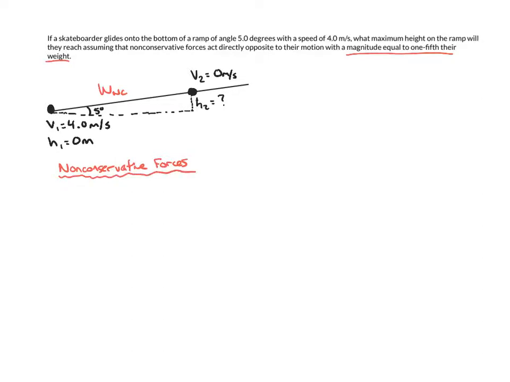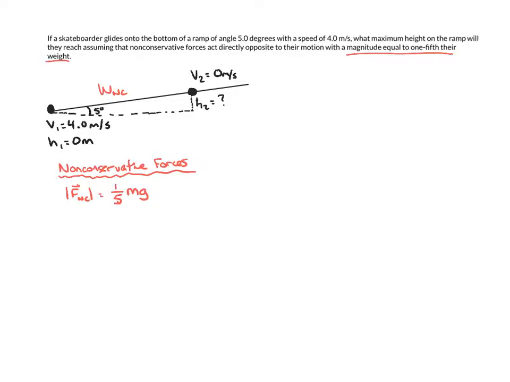Okay, so the non-conservative forces, the magnitude of it is 1/5 the weight. So that means 1/5 of mg. So you have to go back a few weeks to the word weight.